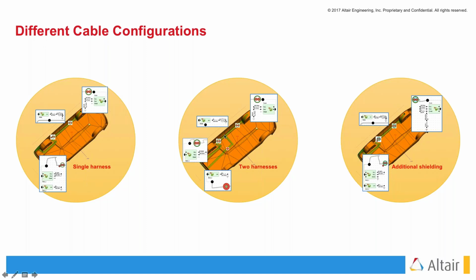In the second case, we split the harness around about the center and run a second harness down the middle of the vehicle. And the third case is the same as the first case, where here we add some additional shielding. In all three scenarios, we introduce an excitation at the middle connector. This is responsible for our radiated emissions.